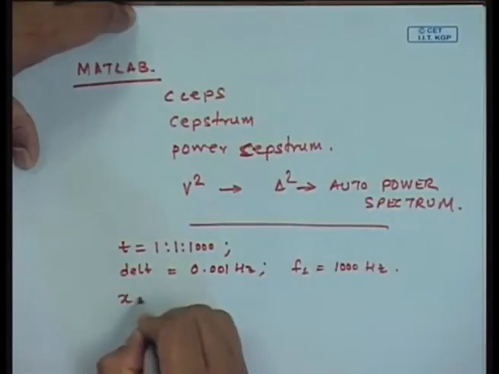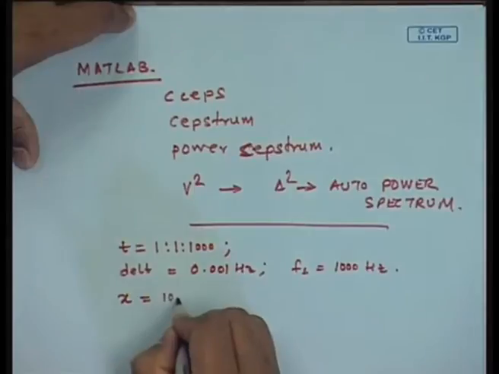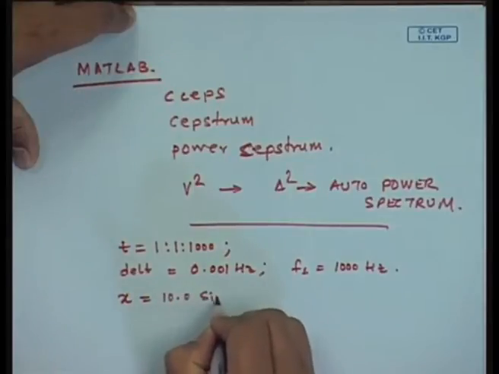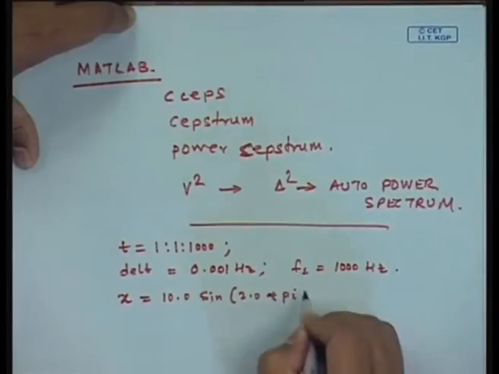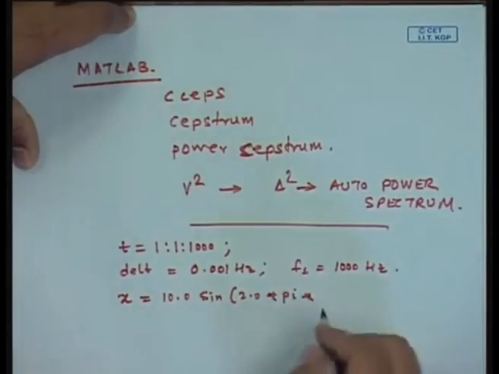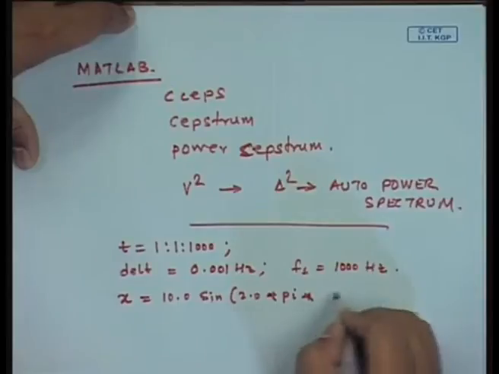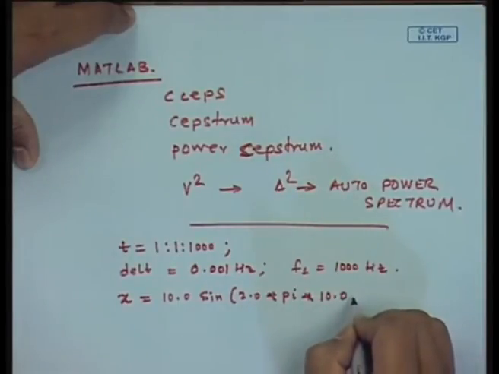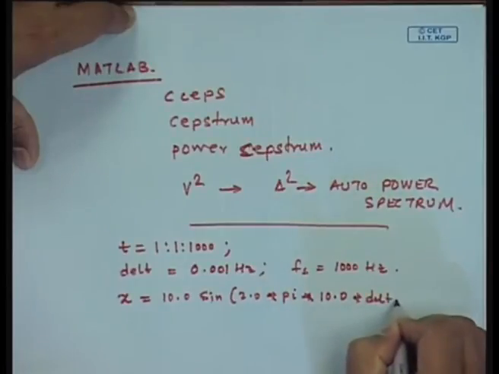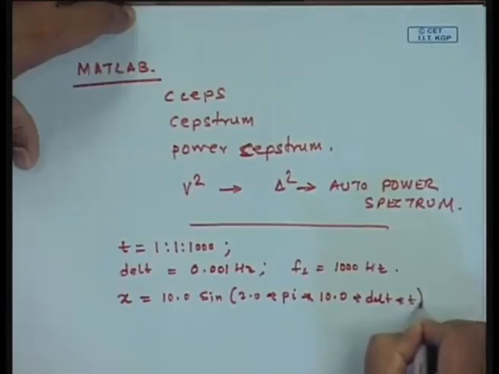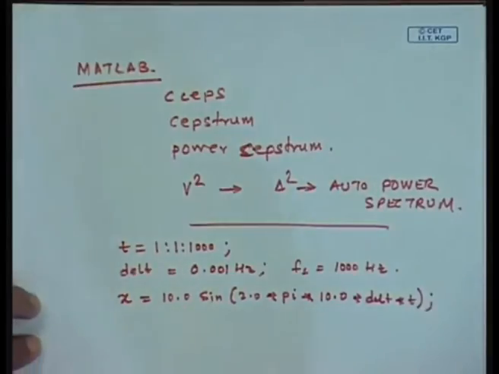I can generate a signal x is equal to 10.0 sine of 2.0 star pi star f, say maybe 10.0, star del t star t. So, this will generate a signal x.